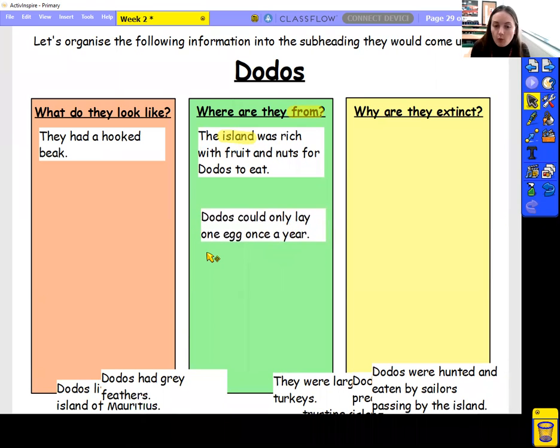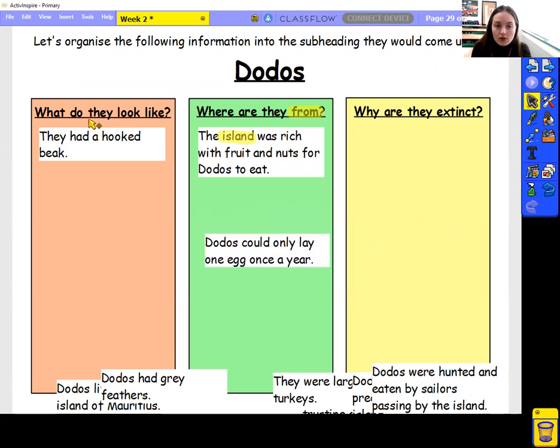Dodos could only lay one egg once a year, so they could only have one egg in a whole year. So that is not a lot of baby dodos running around, just one once a year. Okay. Does that tell me about what they looked like? Does that tell me about where they're from?